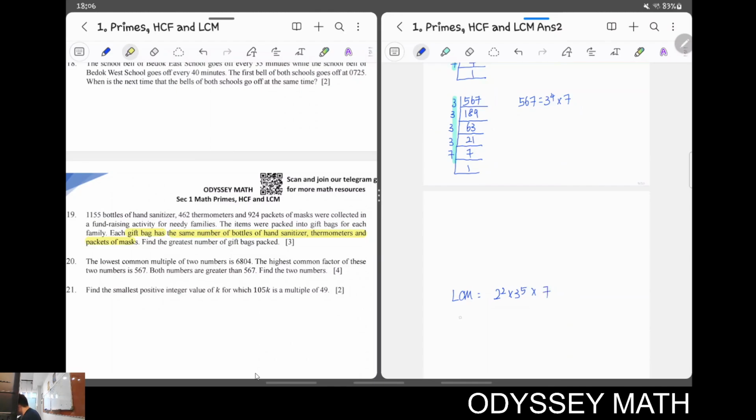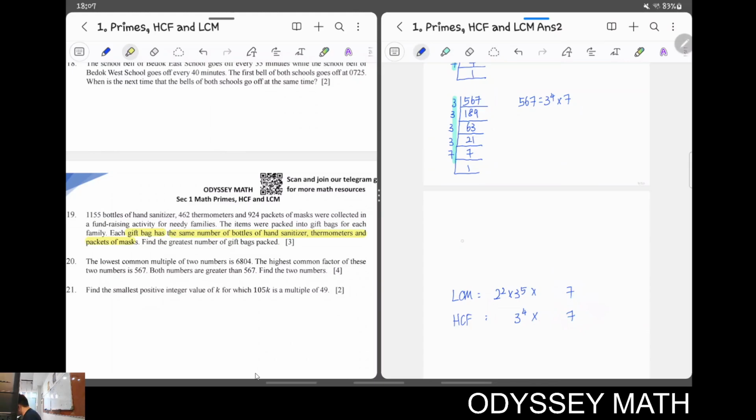And then we have HCF to be 3 to the power of 4 times 7. Maybe I move the 7 a bit to the right because there could be a base 5, we don't know. So my LCM of the two numbers and HCF of the two numbers are here.